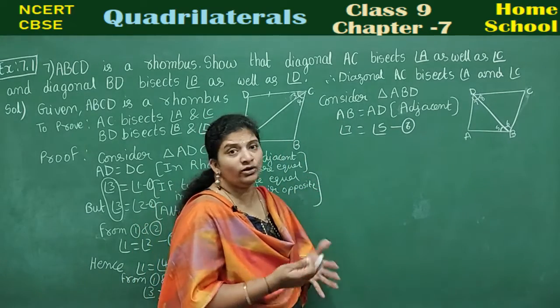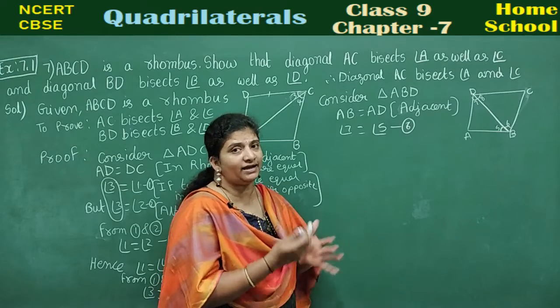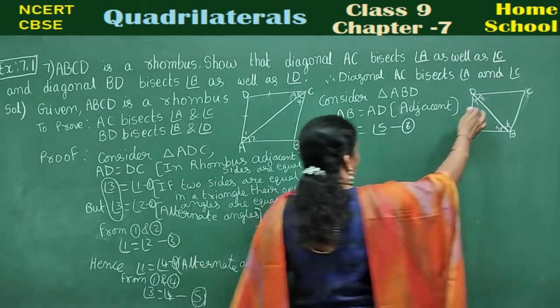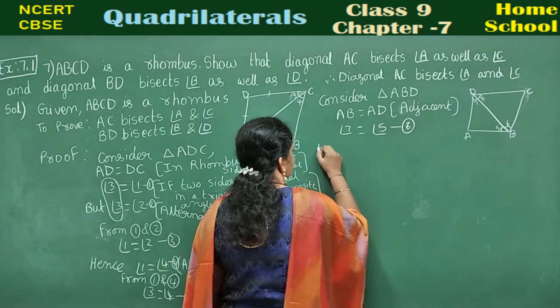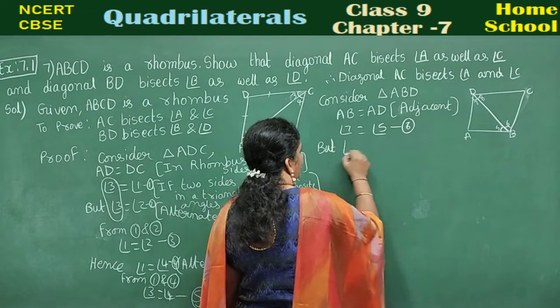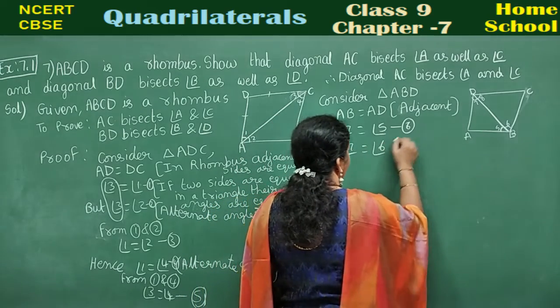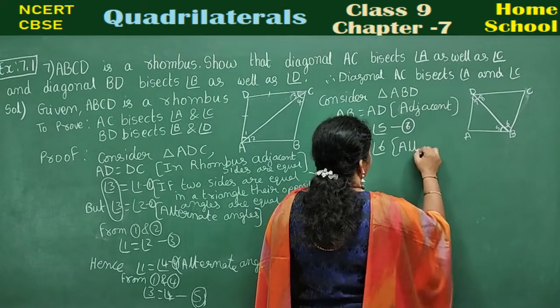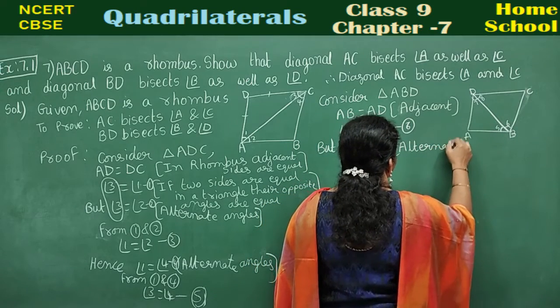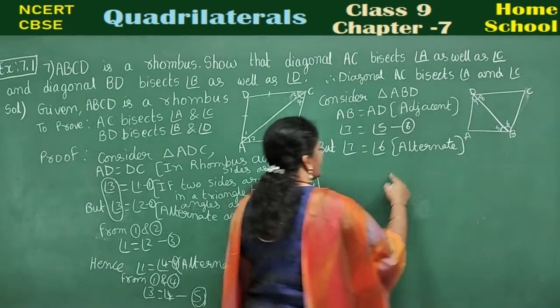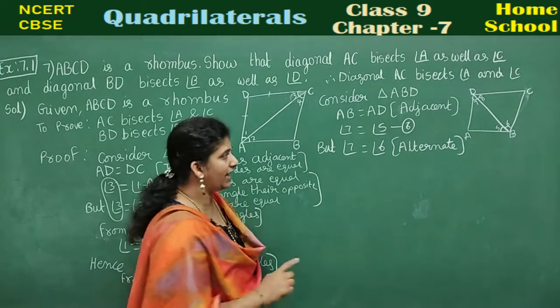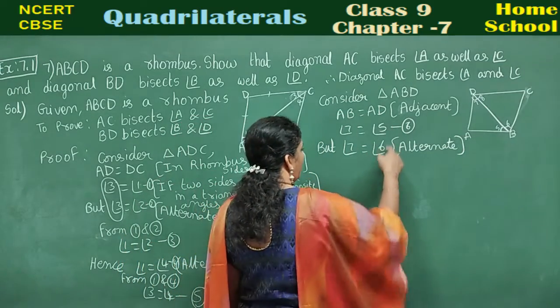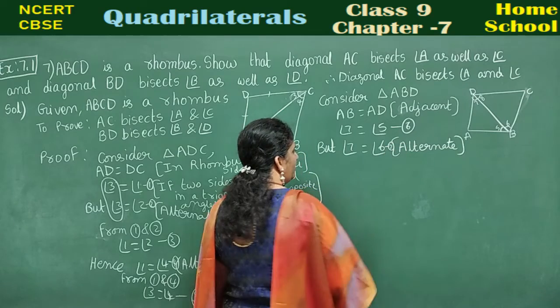Now, we know that already. What is that? Alternate angles are equal. I say that angle 7 is equal to angle 6. How can we say this? Alternate angles. Now again, compare these two. Mark this 7.